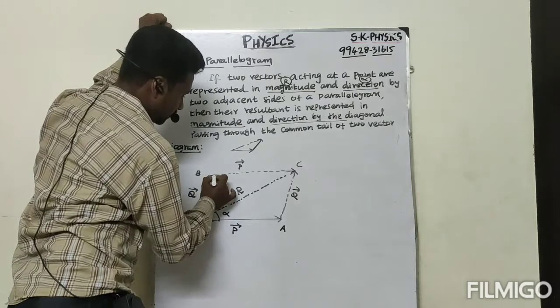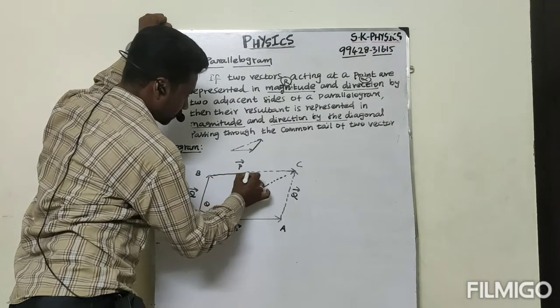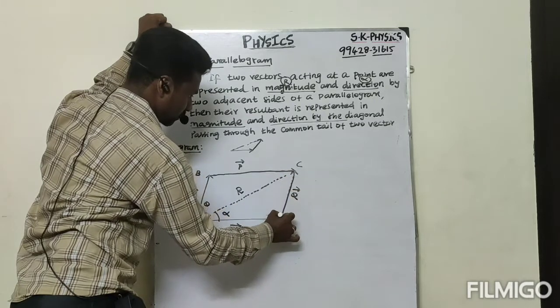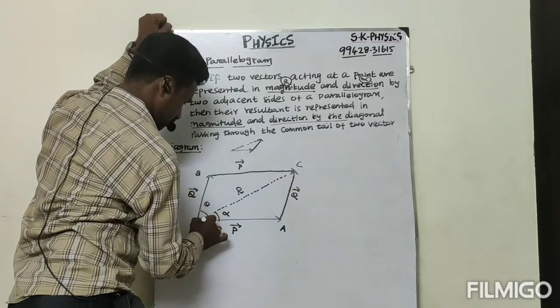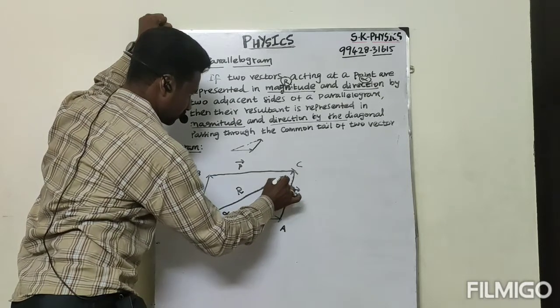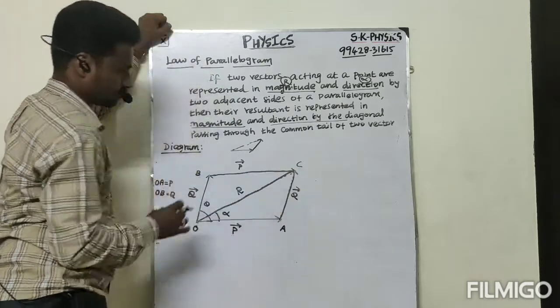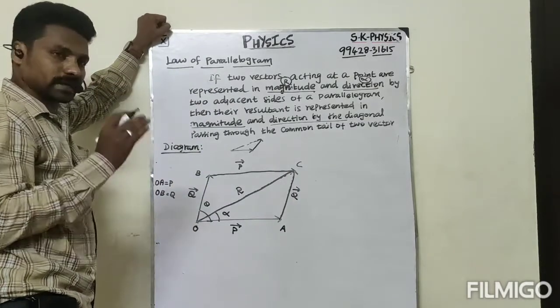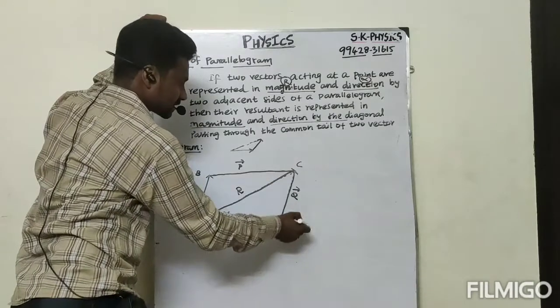So this dotted line, make a dotted line. Now this is known as a parallelogram. Okay, now the parallelogram is ready. Next, for derivation purposes, I have to extend.